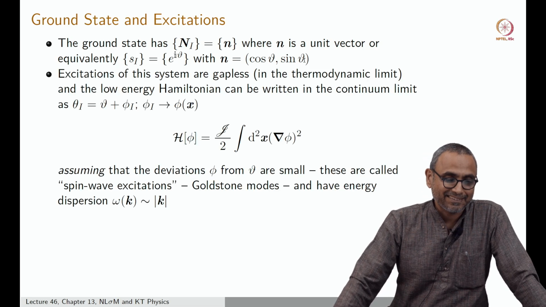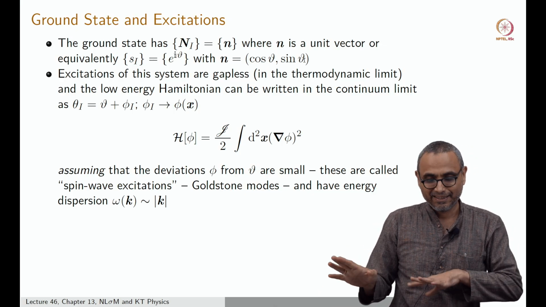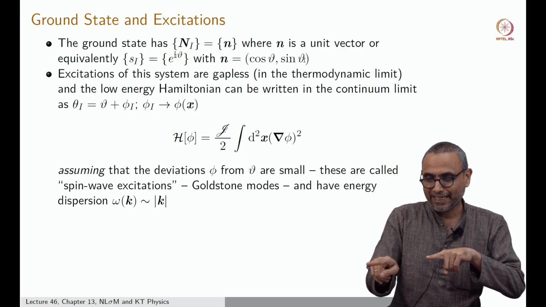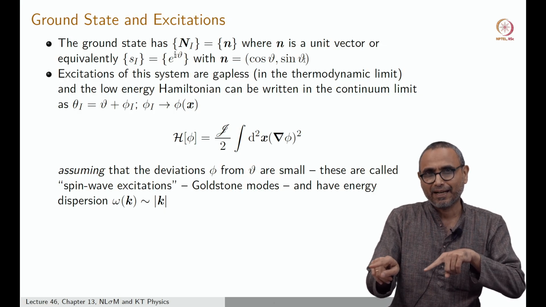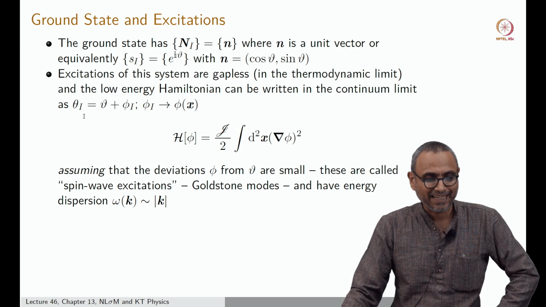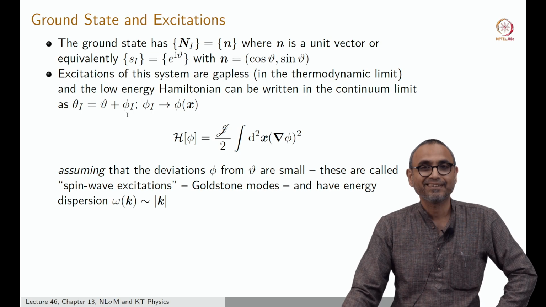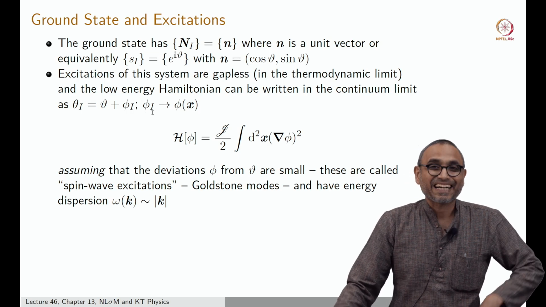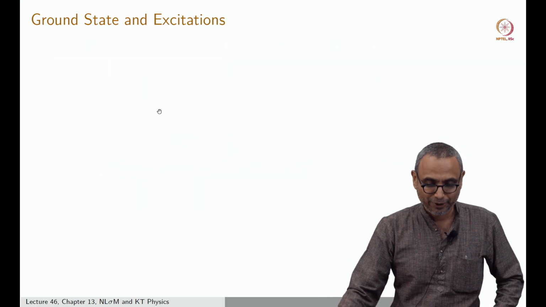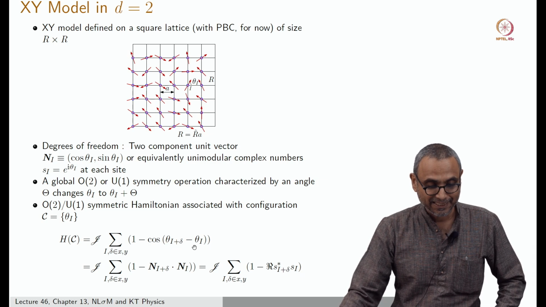What about excited states? So now what I can do is, I have these spins pointing in a certain direction in every site, and I can just perturb them ever so little at these sites. And you can easily see that if I were to say that theta i is theta plus some small deformation phi i, and I were to make a continuum approximation, then I write cosine of theta i minus theta i plus delta, where delta is either x or y, minus theta i.